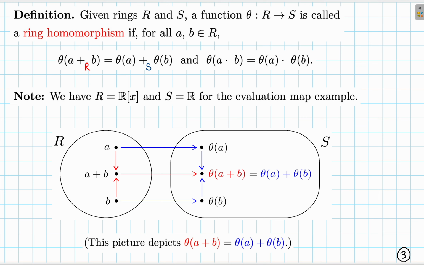And let's just label the multiplication symbols with subscripts R and S in the similar manner. To summarize, a ring homomorphism preserves both addition and multiplication as expressed by these two relationships.